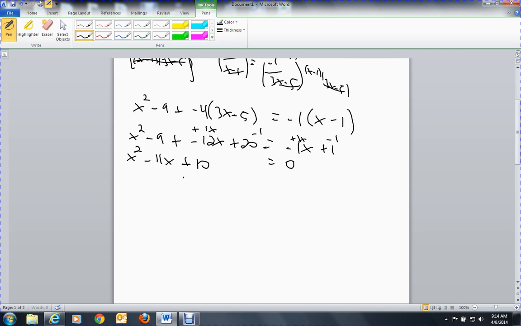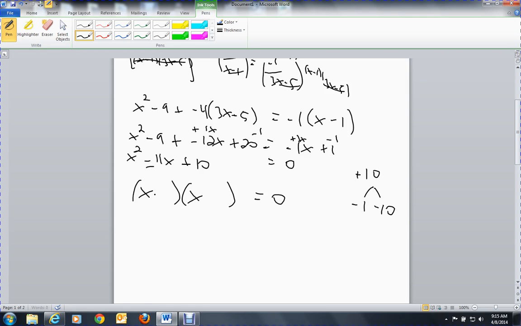So now, since I have everything on one side equal to 0, I'm going to factor the x squared minus 11x plus 10. So I'm thinking what times what is x squared? So that's x and x. Then jump over to the 10. What times what is 10? Positive 10. That gives us a negative 11. So if I think 1 and 10, both of them have to be negative. So when I multiply, I get a positive 10. When I add them, I get a negative 11.